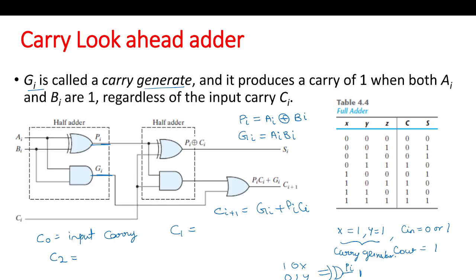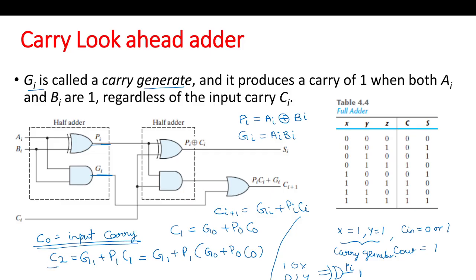So C2 can be written as G1 plus P1 C1, which is G1 plus P1 G0 plus P1 P0 C0, because C0 is anyway the input carry. But now C2 we have with respect to the input carry.